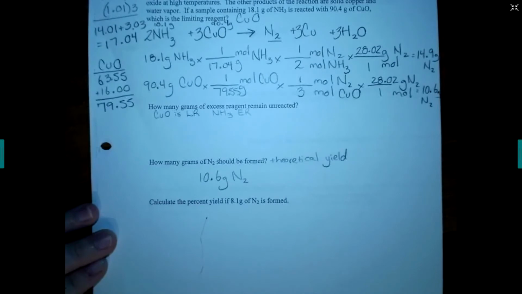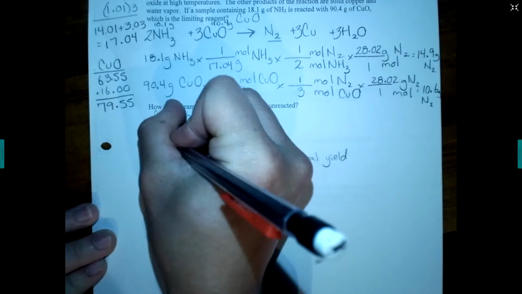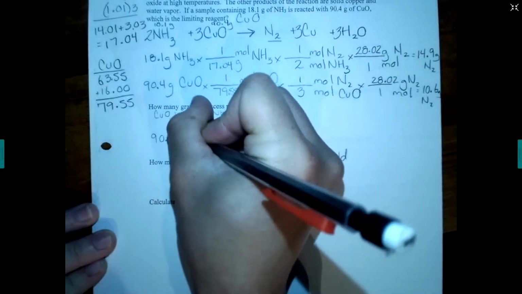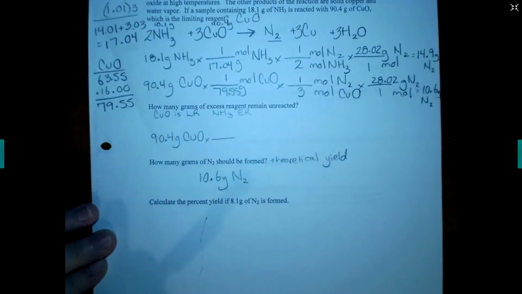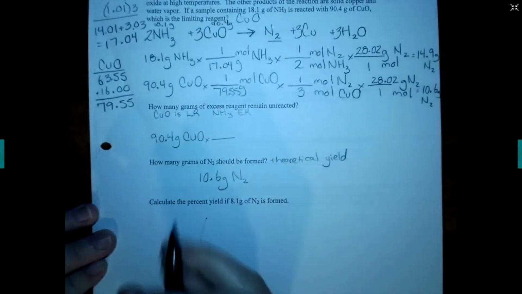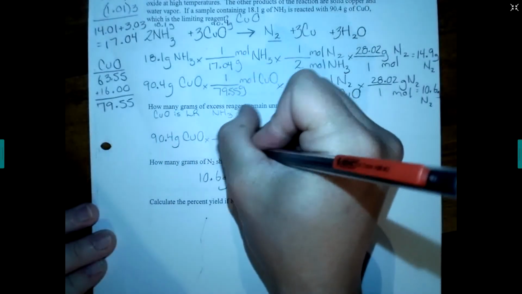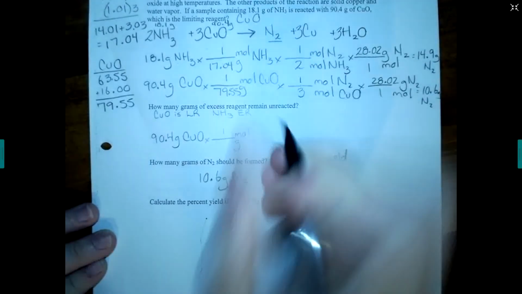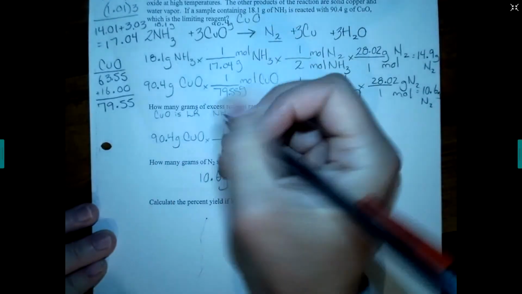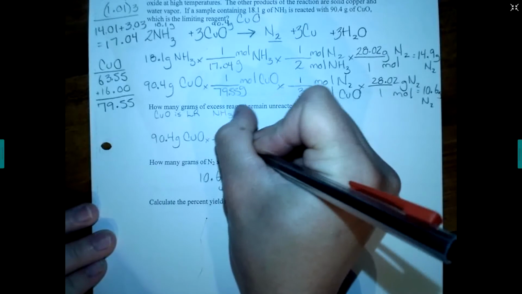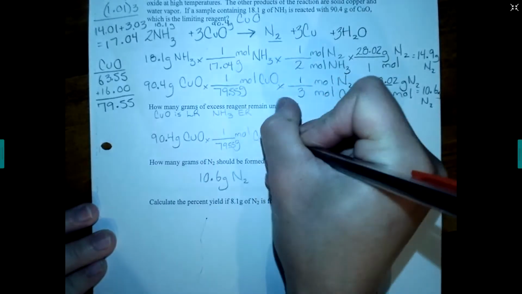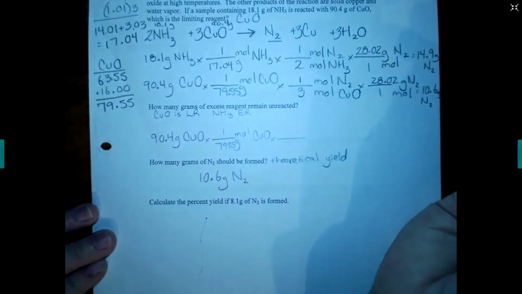So you're going to start with your limiting. I had 90.4 grams of copper 2 oxide. Before I go from copper 2 oxide to ammonia, I need this to be in moles. So you'll notice that this is the very first step I did up at the top, 79.55. Now I'm ready to set up my mole to mole ratio.